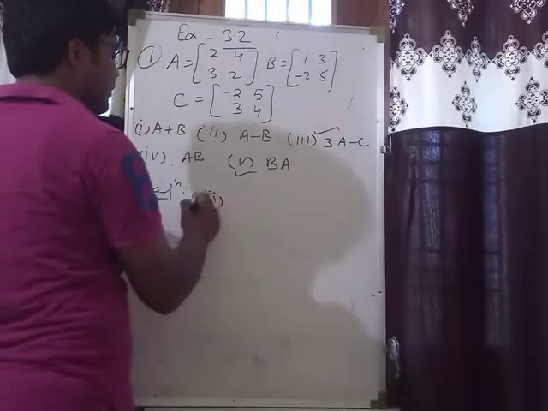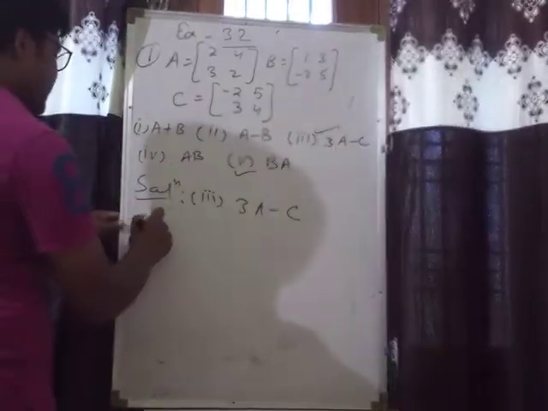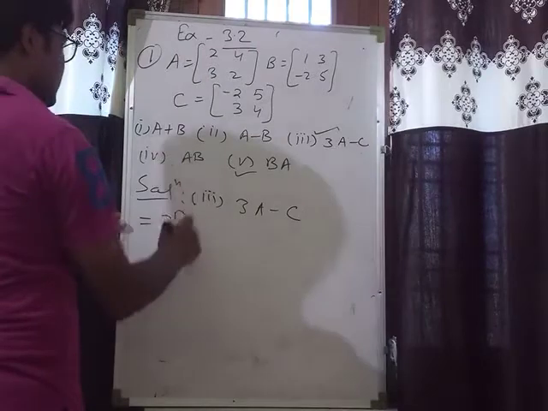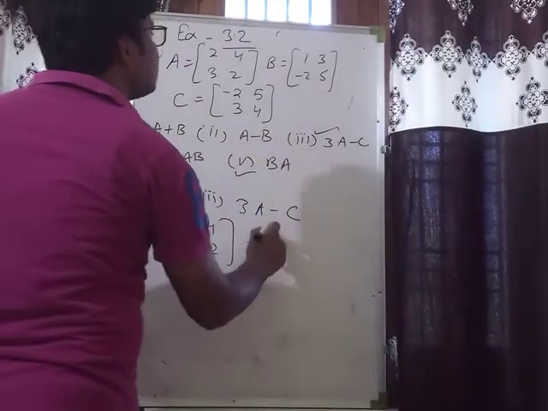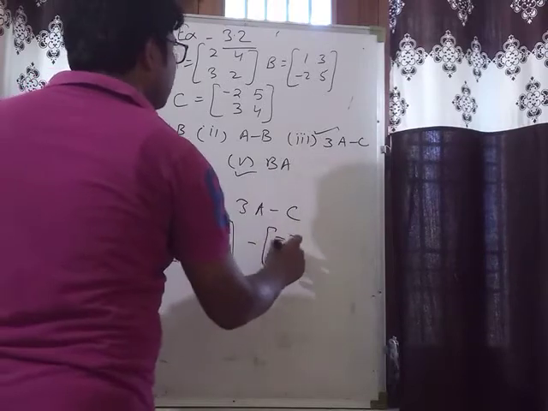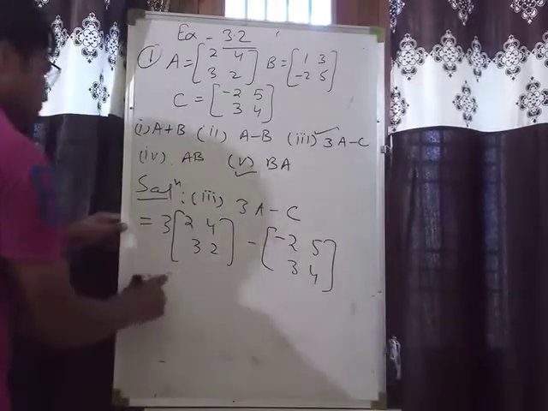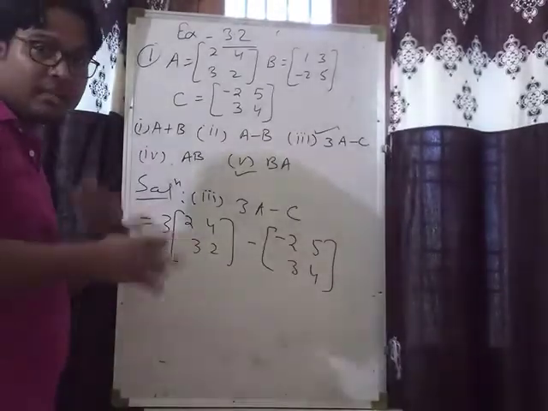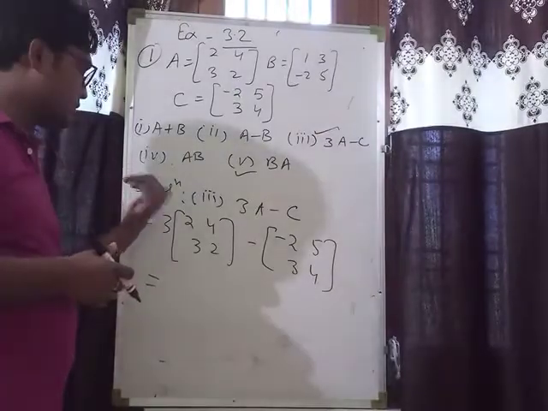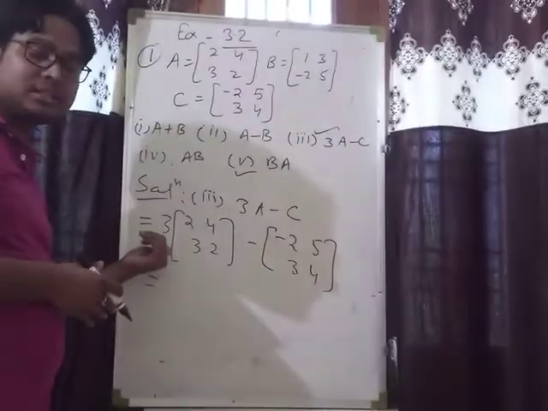Third one is actually 3A minus C. So here that is 3 and A is 2, 4, 3, 2 minus C is minus 2, 5, 3, 4. Okay. So it will be this 3, the scalar multiplication of matrix, and this one is a constant.